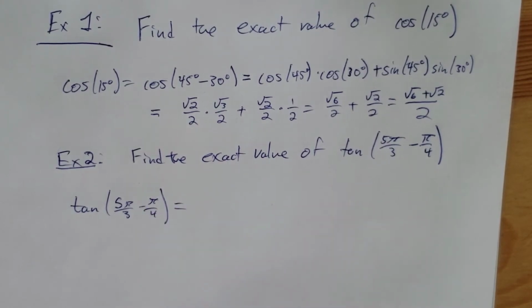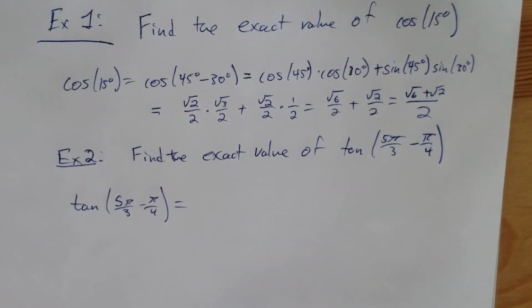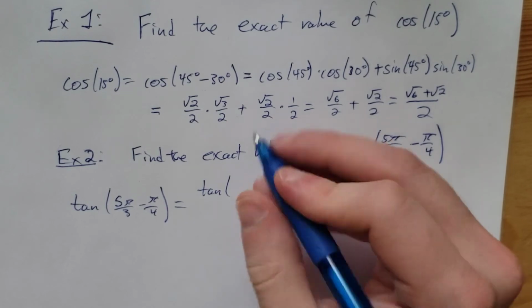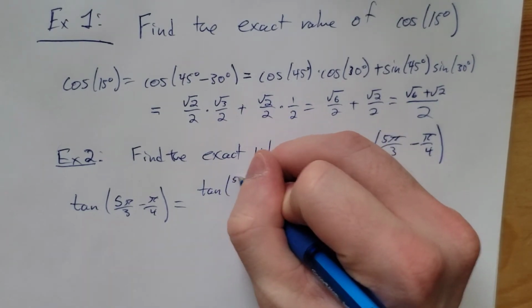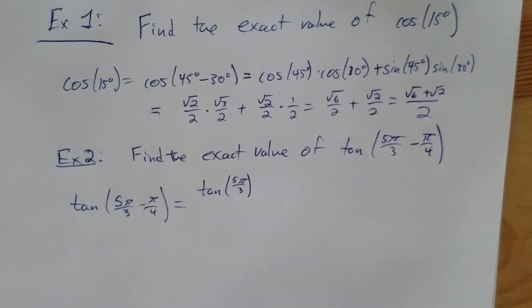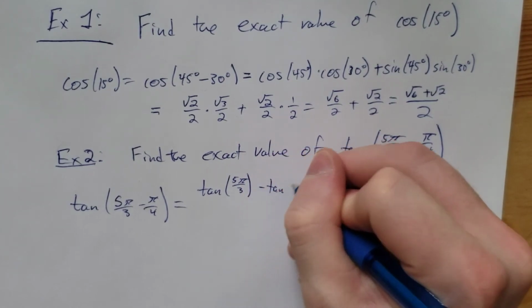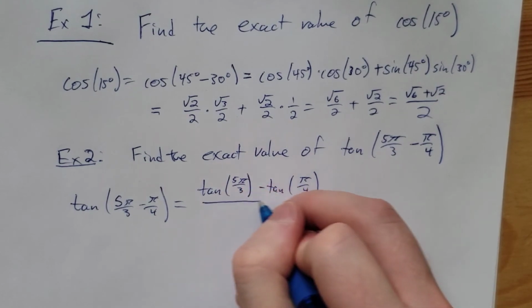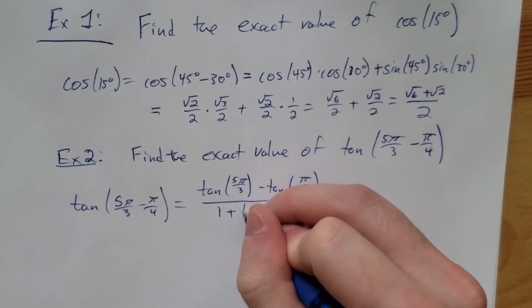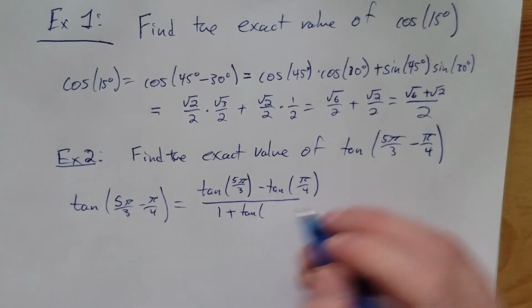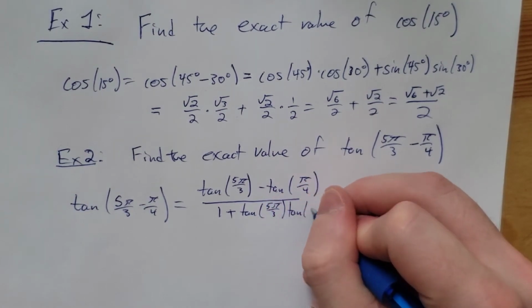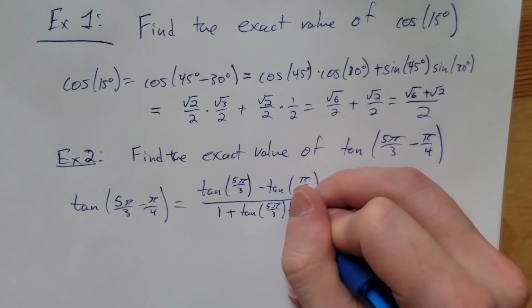If we look for that formula, we will find that tangent of alpha minus beta is tangent of alpha, which is our first one here, 5 pi over 3, minus tangent of beta, so pi over 4, all over 1 plus tangent of alpha, which is 5 pi over 3, times tangent of beta, which is pi over 4.